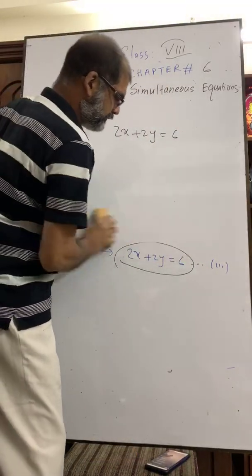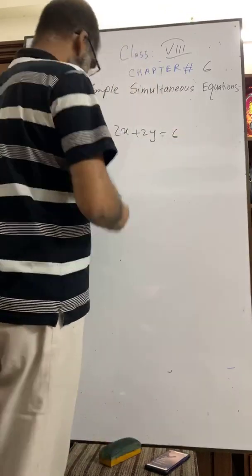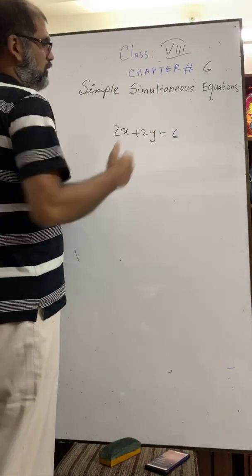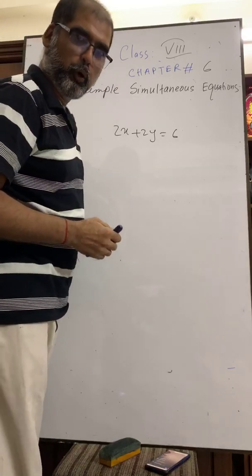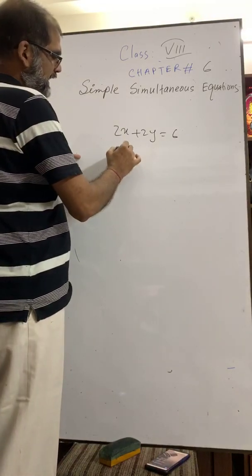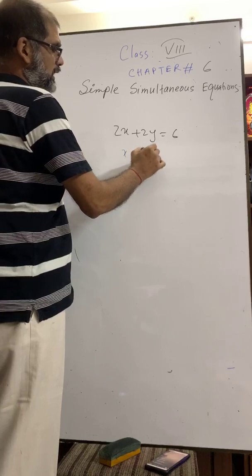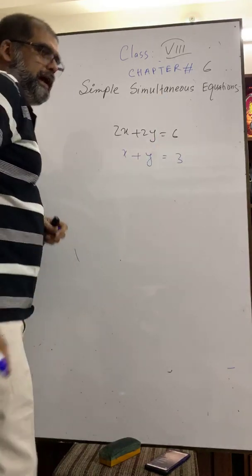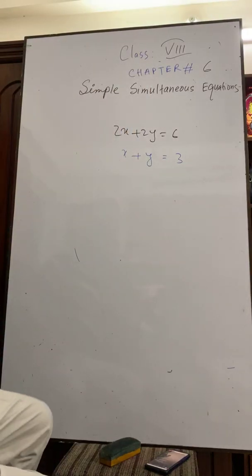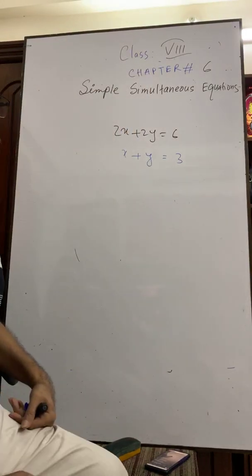Now we divide all the terms of both sides by 2. Then we get x plus y equals 3. At first, in question number 2, we had two equations.